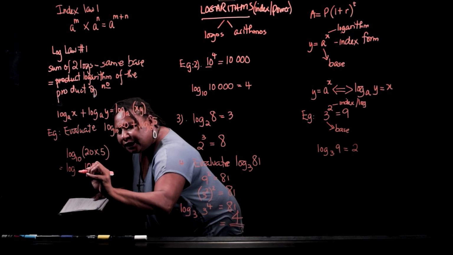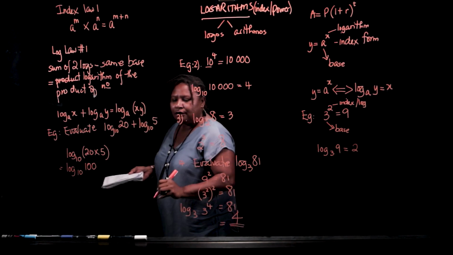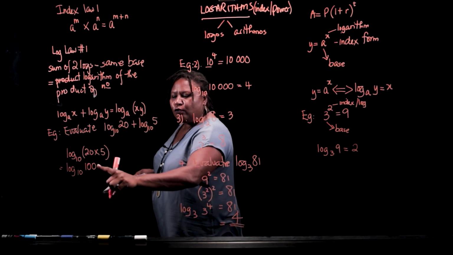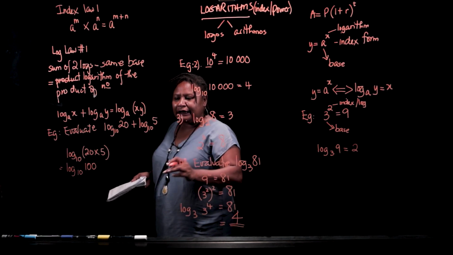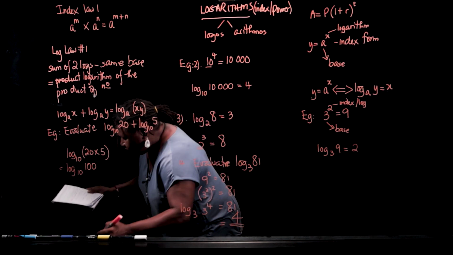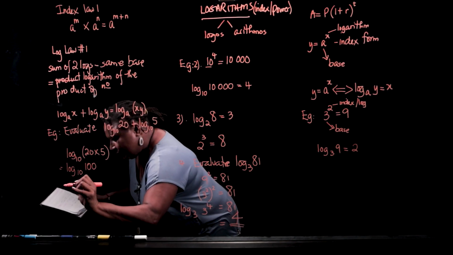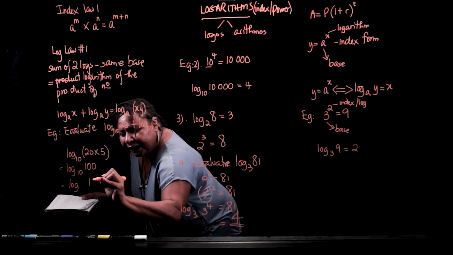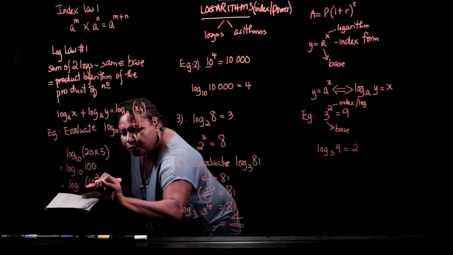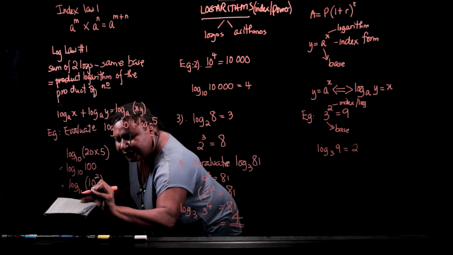Log of 100 to base 10. We already know 100 is the result of multiplying 10 times 10. So that's what we are going to write: log of 10 to the power of 2, to base 10.